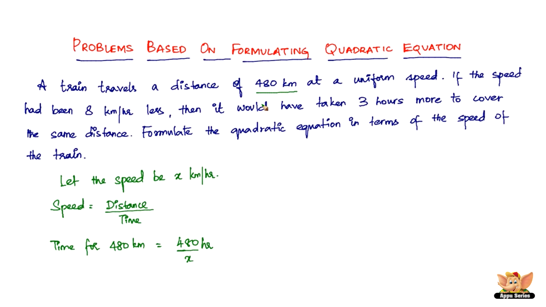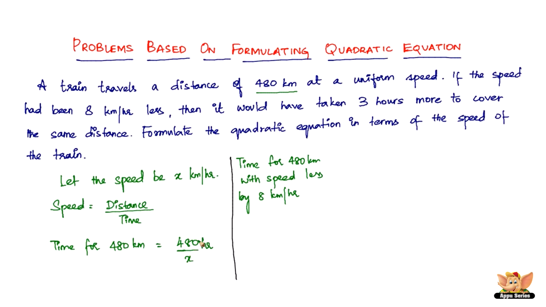Now also, the time that the train would take to travel 480 kilometers at a speed less by 8 kilometers per hour. This is the usual speed we are talking about here.